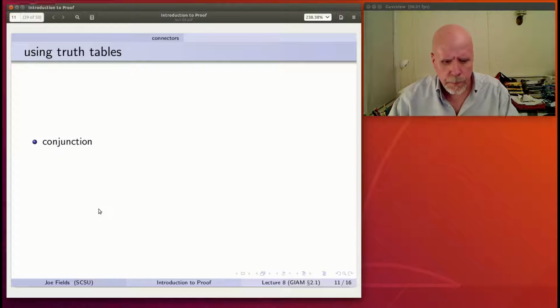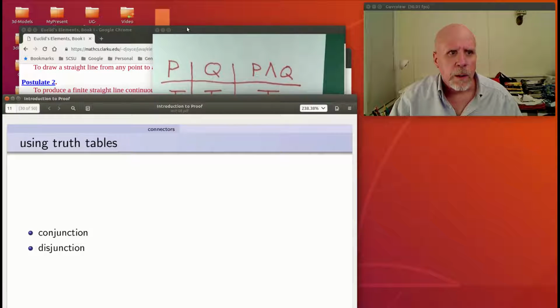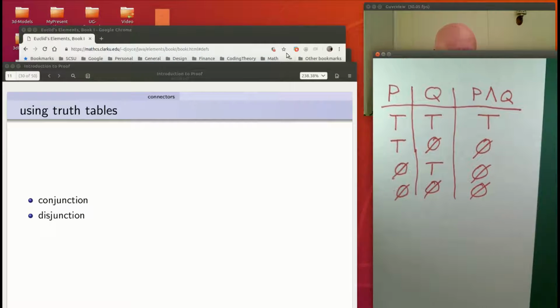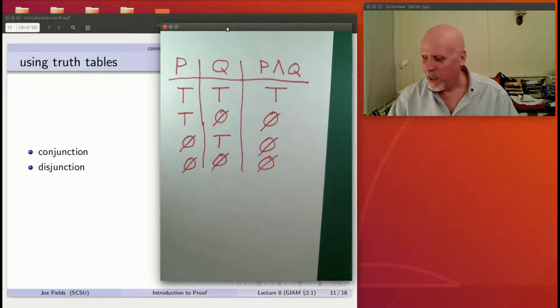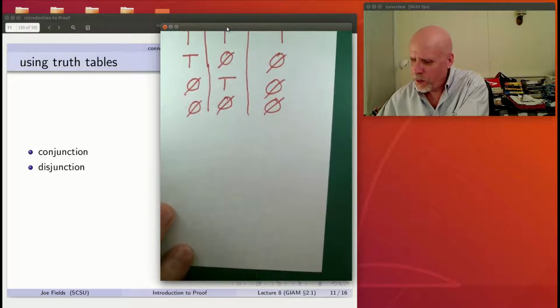What's next? Of course, disjunction. And now I've lost the camera. All right, let me get it back to the middle here. All right, so let's make a truth table for the disjunction.